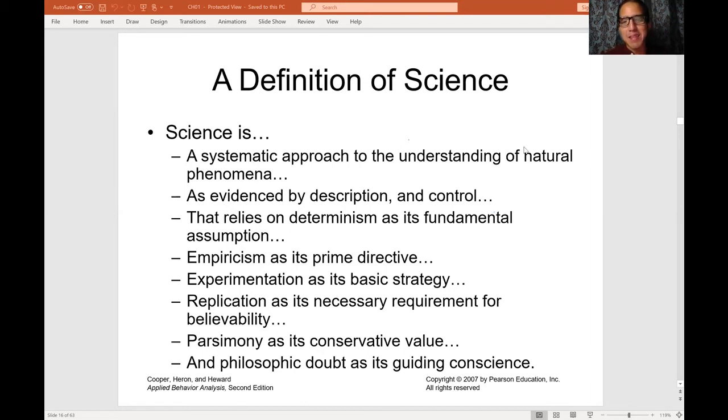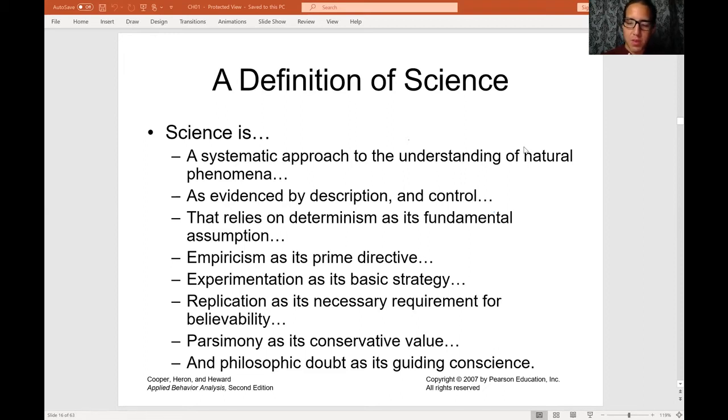Science is a systematic approach to the understanding of natural phenomena, as evidenced by the description and control, that relies on determinism as a fundamental assumption, empiricism as its prime directive, experimentation as its basic strategy, replication as its necessary requirement for believability, parsimony as its conservative value, and philosophical doubt as its guiding conscience.